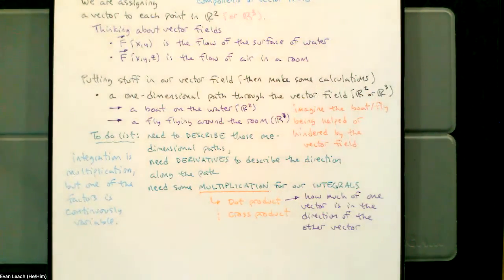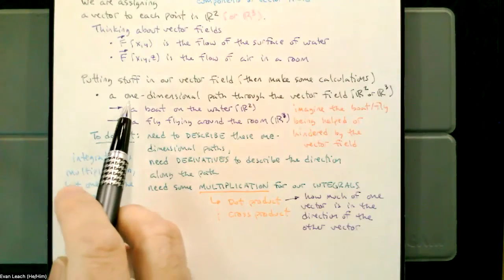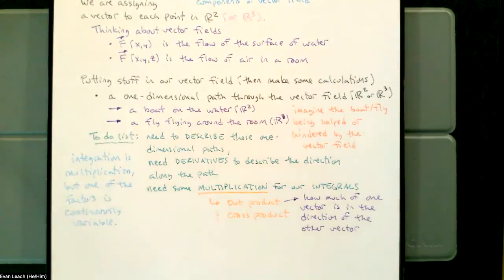We've been putting stuff into our vector field so that we can make some calculations. We started off with putting a one-dimensional path through a vector field. I put the one-dimensional path in the two-dimensional space or the three-dimensional space. So number two, I'm just going to do the same thing we always do. I'm going to go from a one-dimensional thing to a two-dimensional thing.